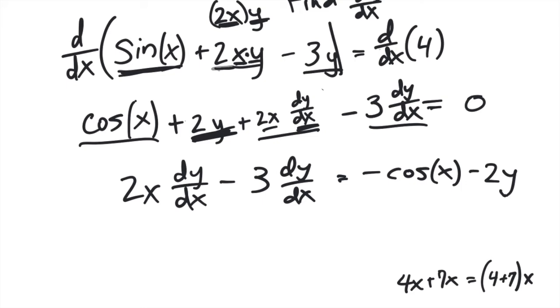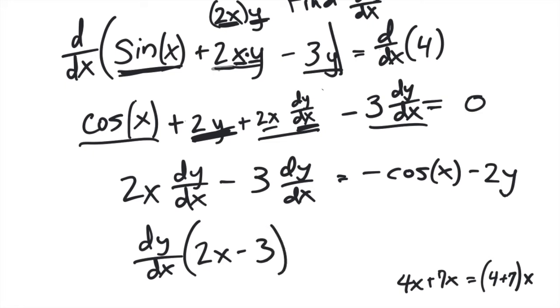Same idea here: let's factor out a dy/dx, so that way we only have it in one spot. And then we have 2x minus 3 left over on the inside, equals negative cosine of x minus 2y.